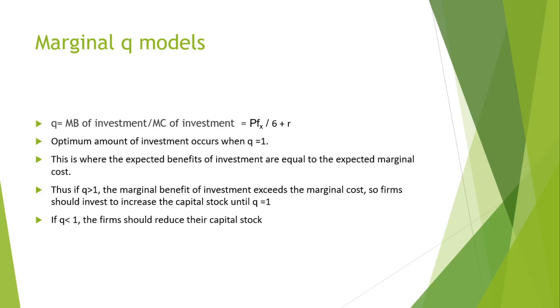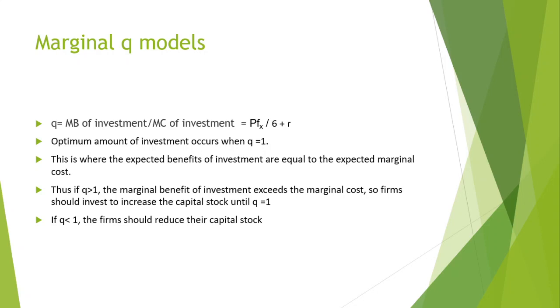So delta plus r is the marginal cost of investment. What is delta? Delta is the depreciation rate of this particular investment, and r is the rate of interest or the cost of investment. So delta plus r gives you the depreciation cost and the cost of this investment, that is, the rate of interest that has to be paid for the capital stock.